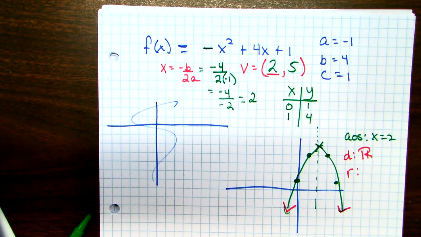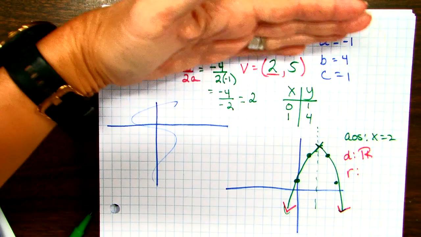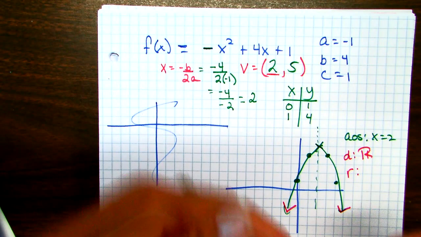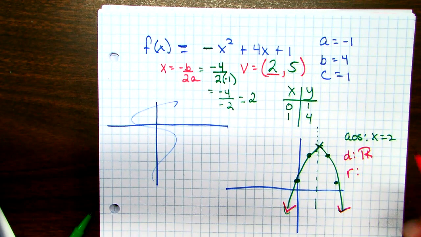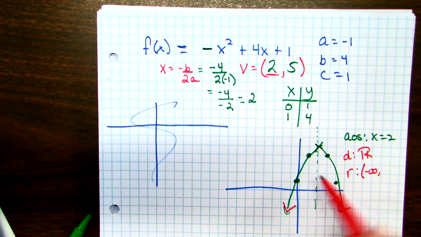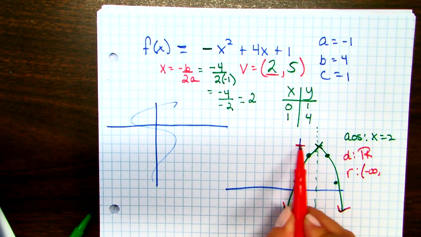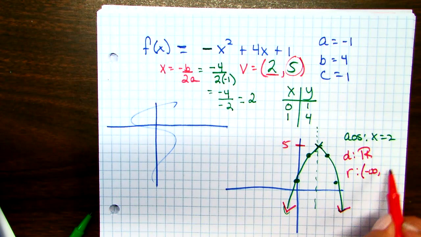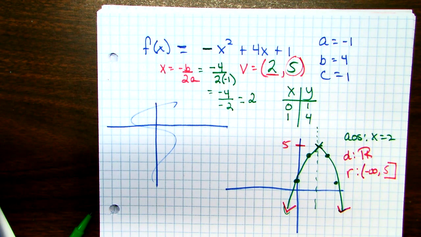Why did she start at the bottom? Because you have to always do least to greatest, okay? So those arrows are pointing down forever, which means negative infinity. You might have said that, Shane. And then all the way up to 1, 2, 3, 4. Remember, this is 5. And you put a bracket on it. So domain and range are always least to greatest. Okay, so if you put 5 to negative infinity, that's not right. It's close, but that's why we practice them in the homework, okay?